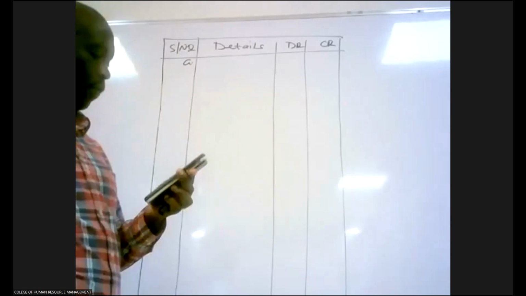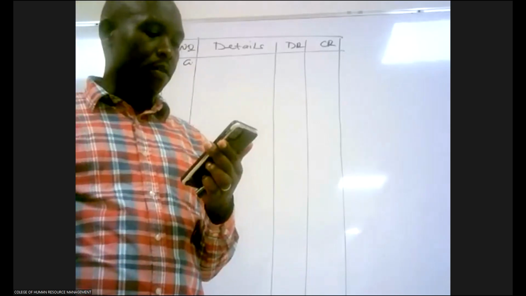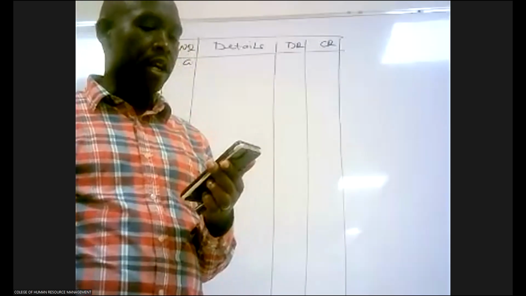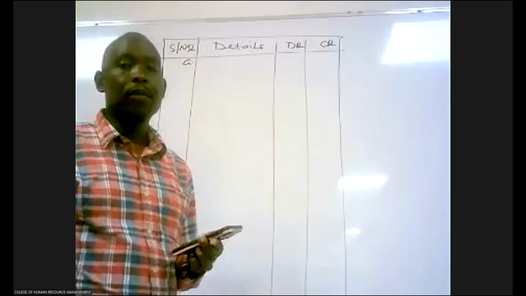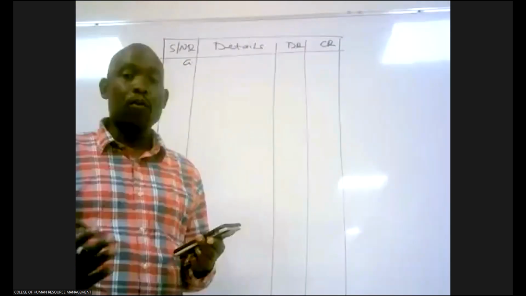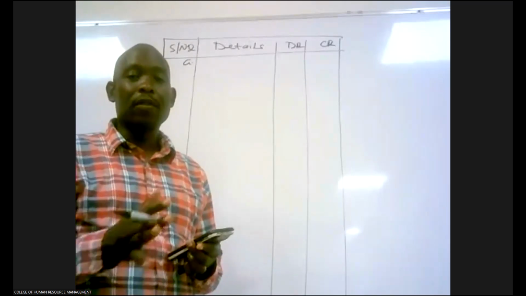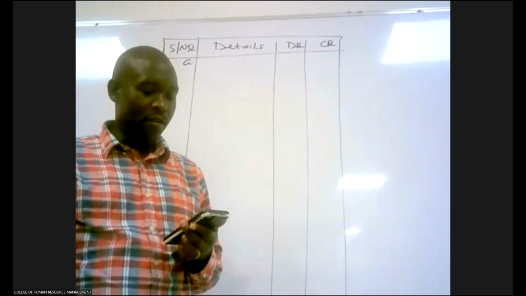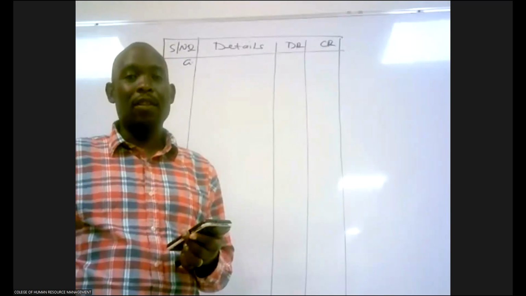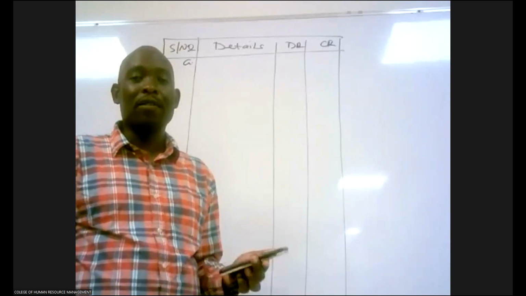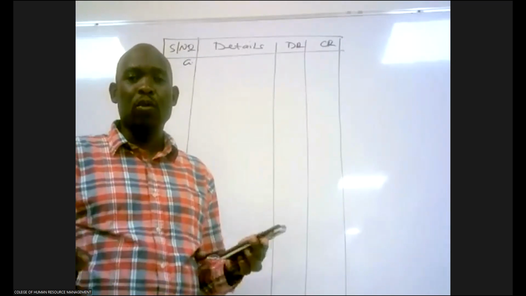The first error, A, says that purchases of 1410 on credit from A Ray had been entered in B Roy. Now when you are given a statement like that, purchases from this has been entered in this account, there is no issue in purchases. Purchases has no issue there.